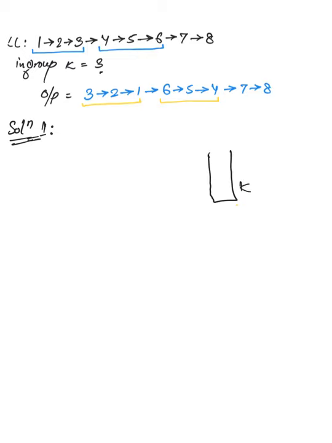So first you put 1 here, then 2, then 3. Once it reaches the size k, create another linked list with a null head. So first the head is null, so just pop from the stack and assign it. So 3, then while the stack is not empty, pop and put it next to it.